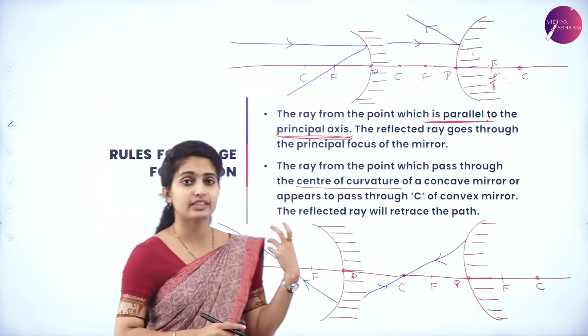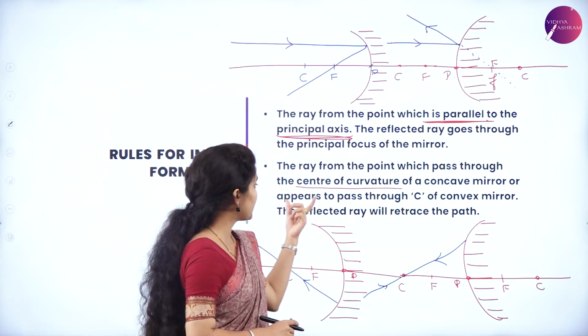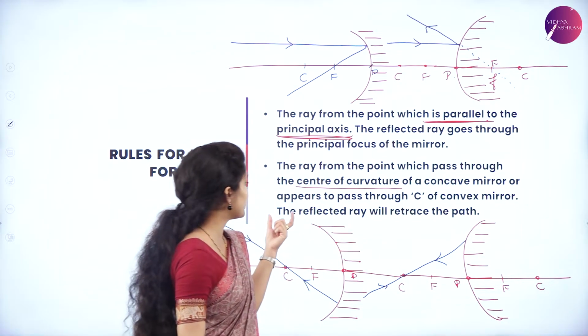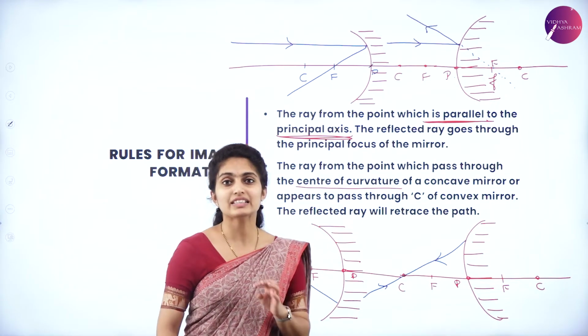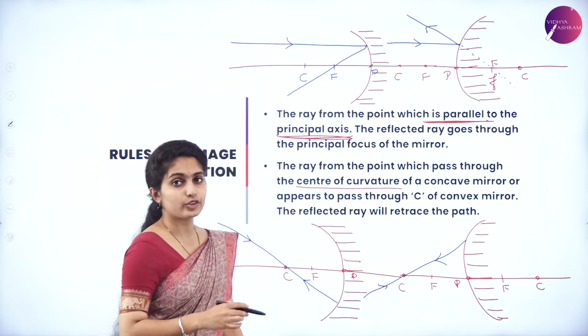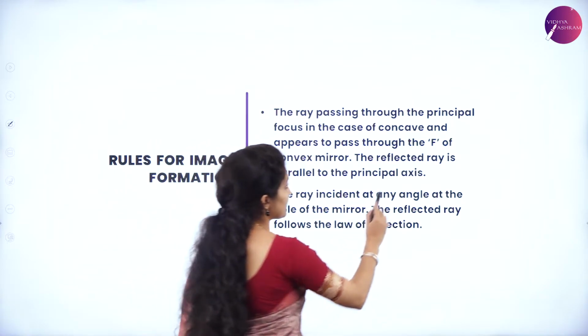What happens when the ray moves through the center of curvature in case of a concave mirror, or appears to pass through the C of the convex mirror? The reflected ray will trace back. That is, the reflected ray will always trace back the path taken by the incident light. The next rule is the ray passing through the principal focus.